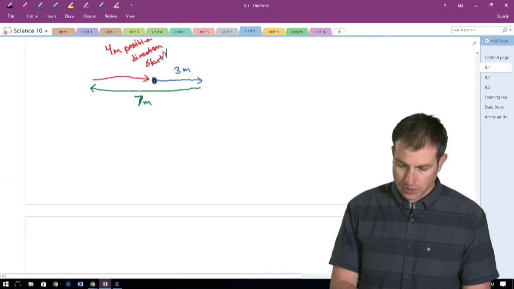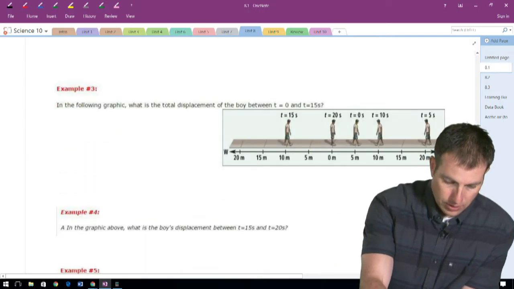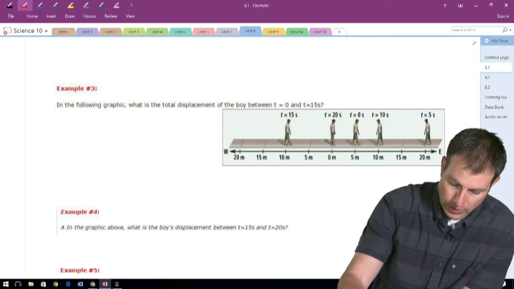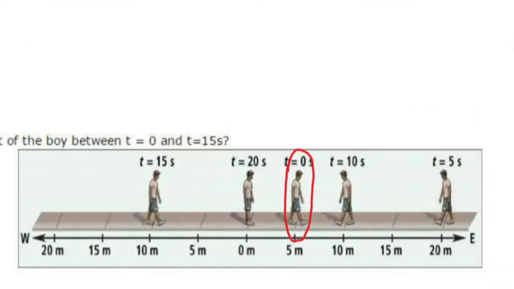All right, so at 0 seconds, the boy is where? Looks like 0 seconds is right here, and then 15 seconds is over here. I think that's the exact same question we just did.